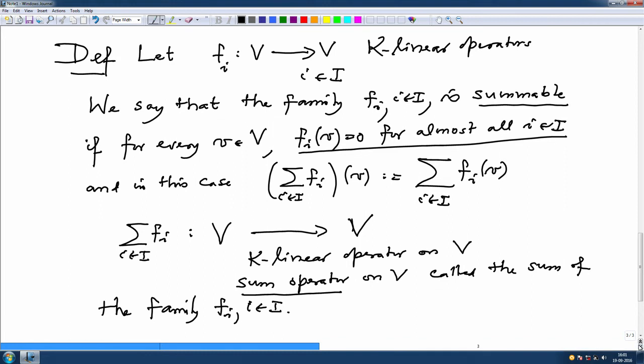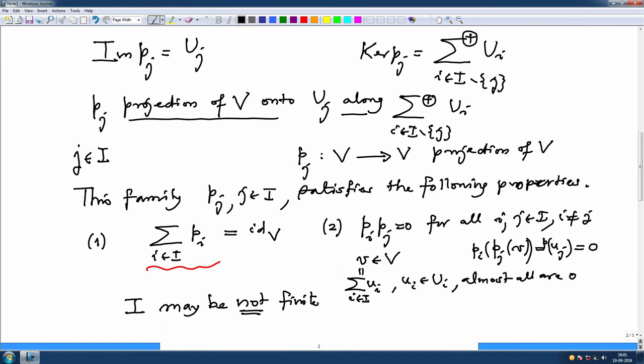So, in order to make the earlier part work, I will just show you. For this sum to make sense, we need to verify that Pi on any v is 0 for almost all i, but that is because every v has a decomposition like this, summation Ui, where almost all Ui's are 0.